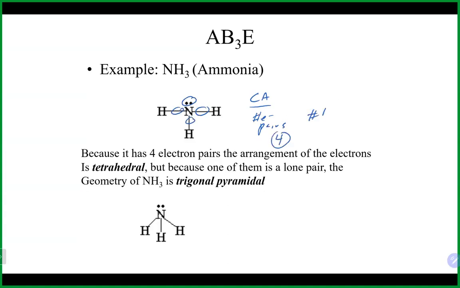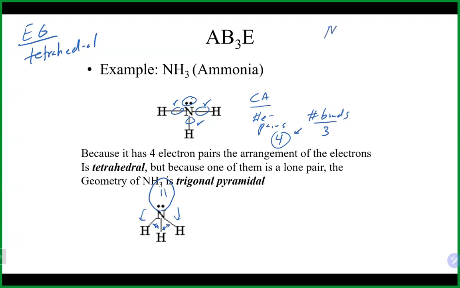The number of bonds here is going to be 1, 2, and 3 bonds. So once again, something with 4 electron pairs in terms of electron pair geometry name, that is going to be tetrahedral. But here our non-bonding electrons are going to go this way. These guys are going to come down, and these guys got to keep some distance between them. And it ends up with a molecular geometry of what is known as trigonal pyramid.